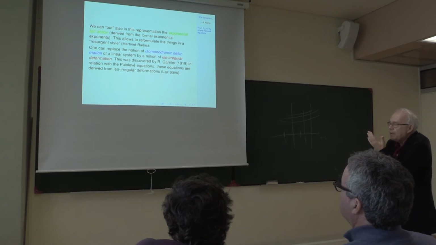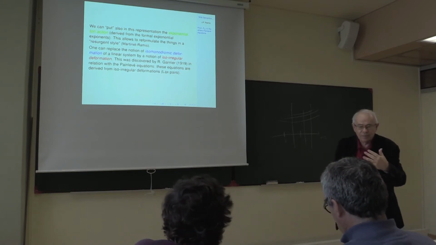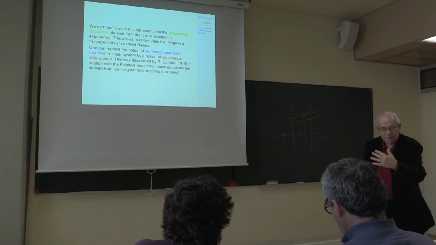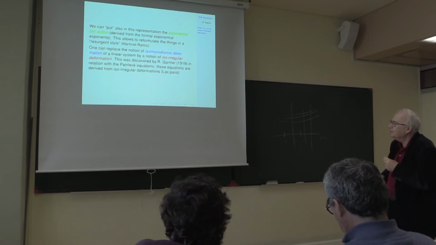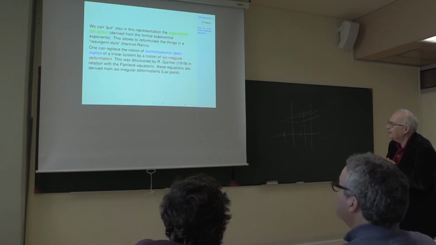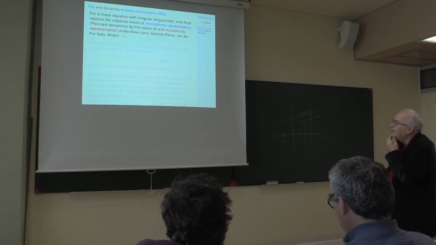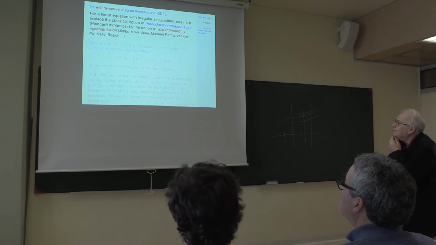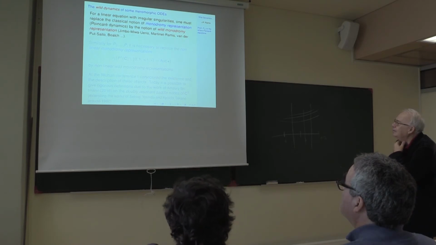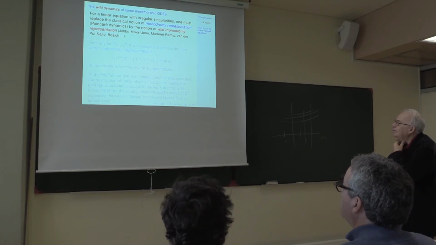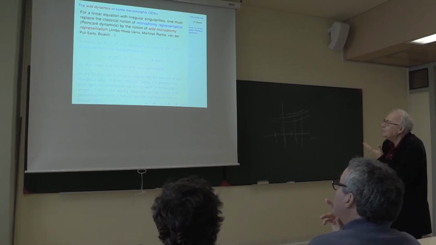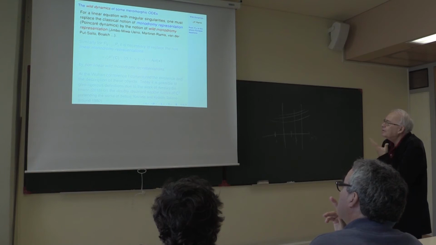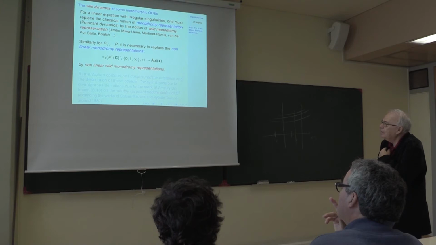And now you can replace this notion of isomonodromic deformation by the notion of iso-irregular deformation. It is an old idea of Garnier in 1919. Okay, so I just explained that for linear equations, you can replace the monodromy representation by the wild monodromy representation.